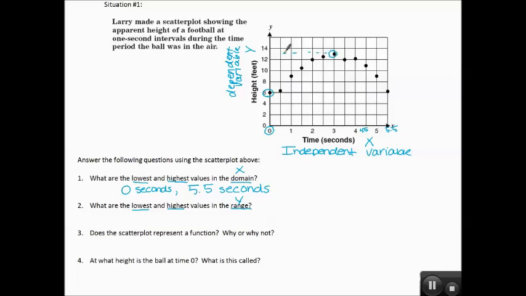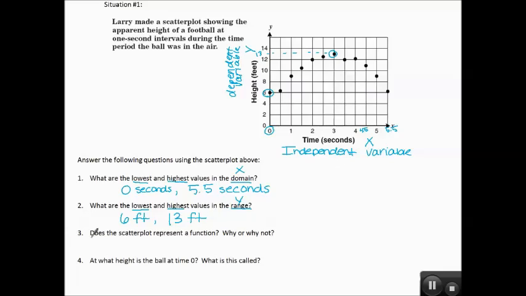So I'm going to come over here, and that's at about 13. And let's label here. So I have 6. My lowest value is 6 feet. And my highest value is 13 feet. Those are the lowest and highest values in the range.